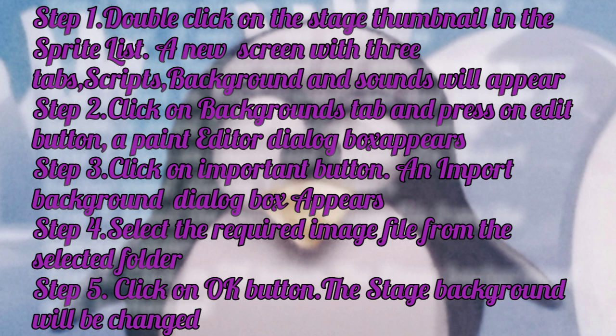A paint editor dialog box appears. Step 3. Click on the import button and the import background dialog box appears. Step 4. Select the required image file from the selected folder. Step 5. Click on OK button. The stage background will be changed.